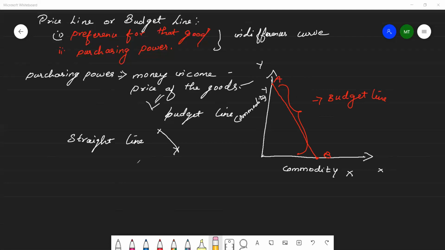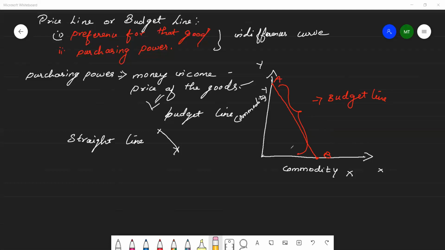So BA is the budget line with a given income. The price of commodity Y and OB is the price of commodity X. The budget line is the line joining various combinations of two goods the consumer can buy at a given price and income.